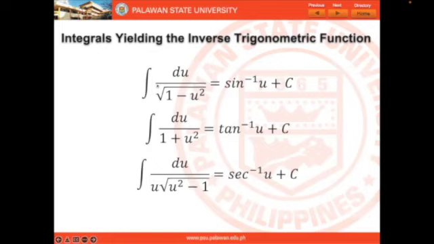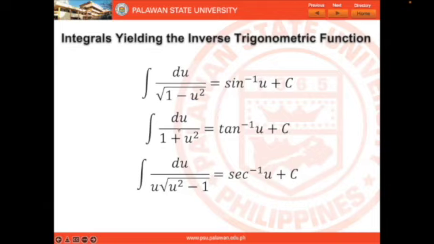This particular arrangement of an integral, where the derivative of u is in the numerator and the denominator is comprised of the square root of 1 minus u squared, will yield the arc sine of u plus c.